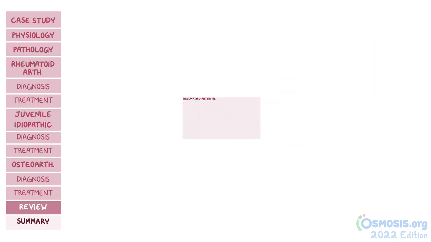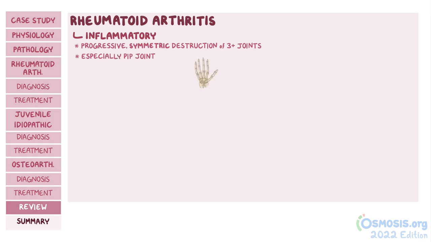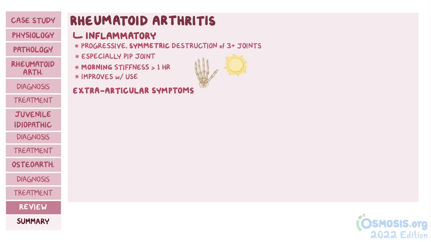Alright, as a quick recap. Rheumatoid arthritis is an inflammatory disease that causes progressive, symmetric destruction of at least 3 joints, especially the proximal interphalangeal joint, which leads to morning stiffness that lasts for more than an hour and improves with use. Extra-articular symptoms include uveitis, pulmonary fibrosis, and rheumatoid nodules.